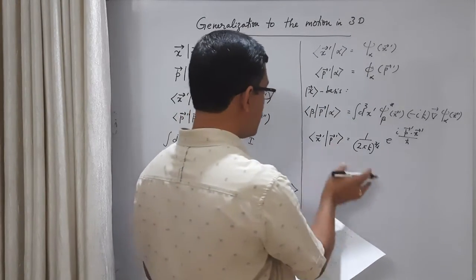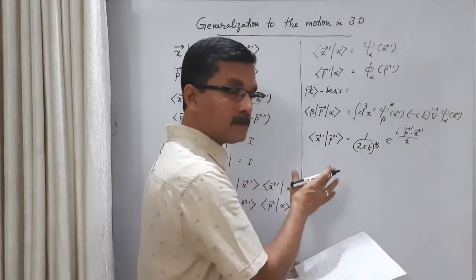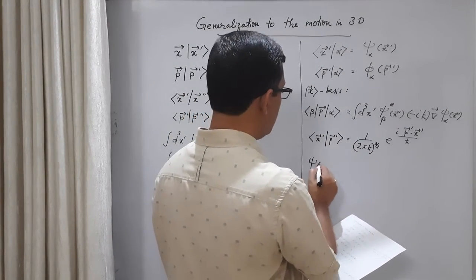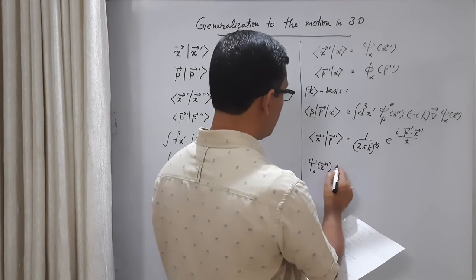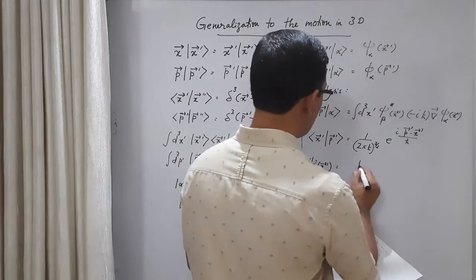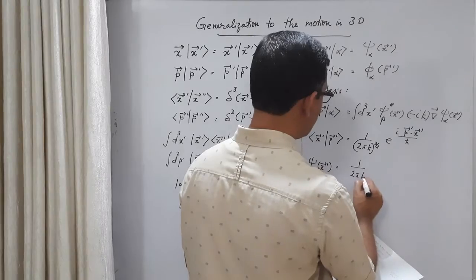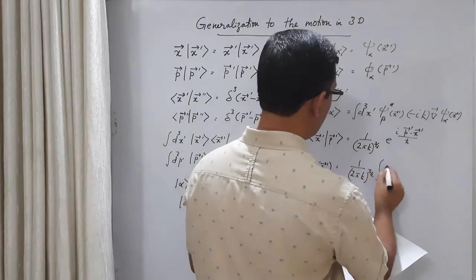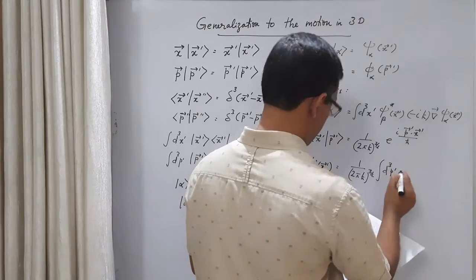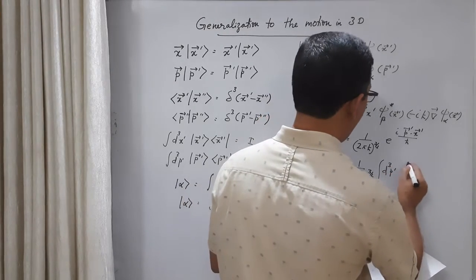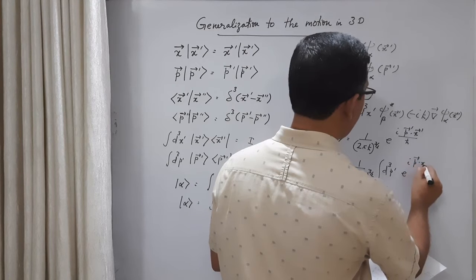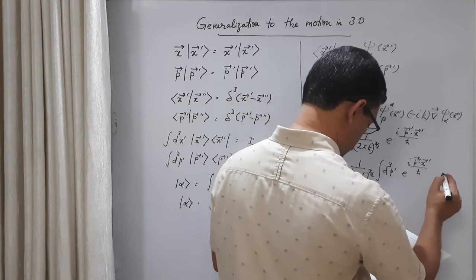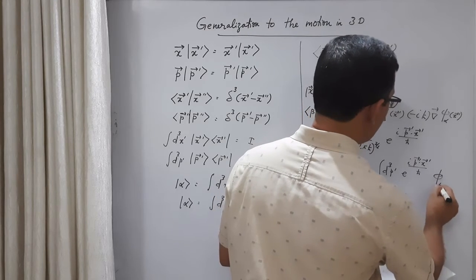And the transformation between the position space wave function and the momentum space wave function, we know, is a Fourier transform, and this can be written as (1/2π h cross)^(3/2) volume integral e^(i p'·x'/h cross) phi alpha p'.